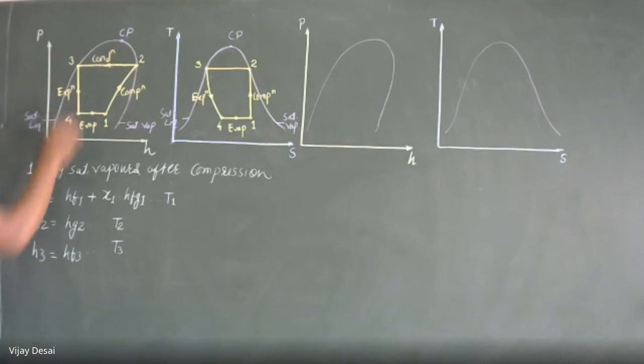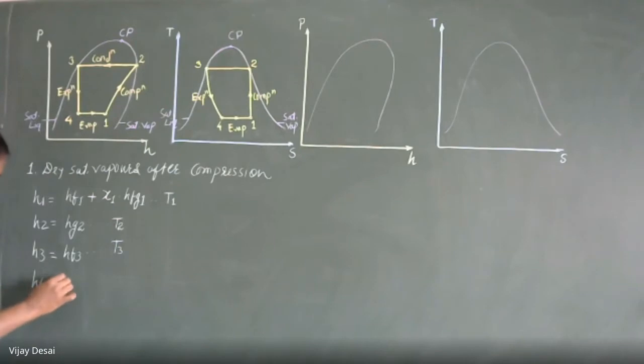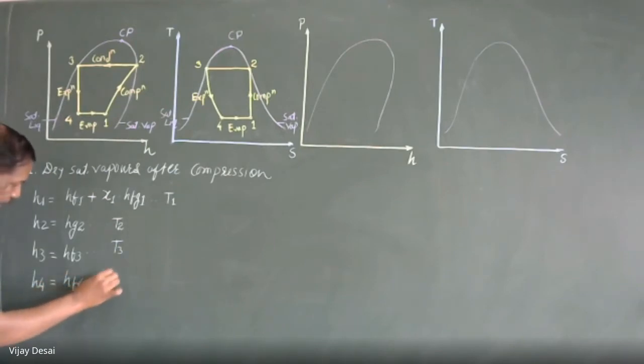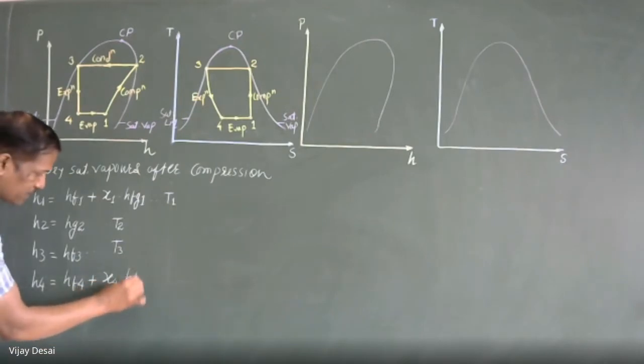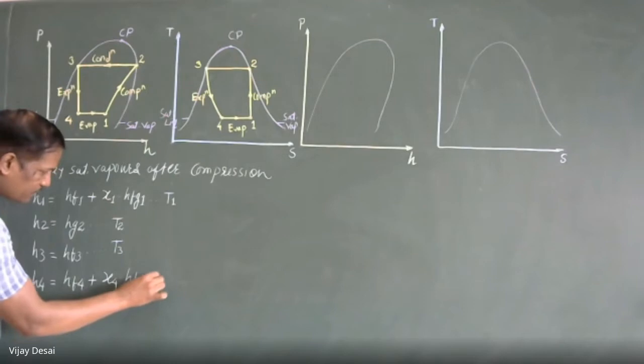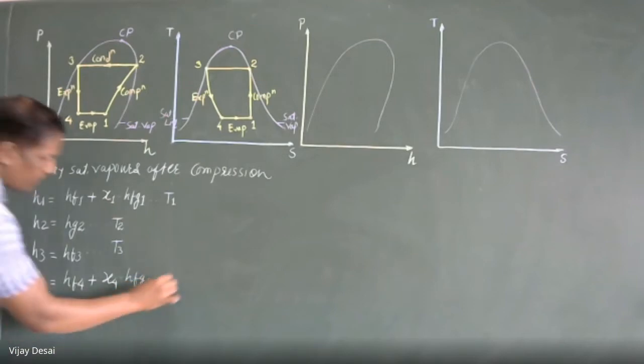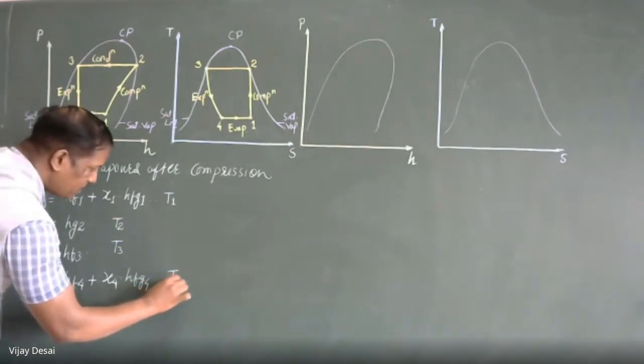And H4, remember H1 and H4 lie in the wet vapor, so H4 will be HF4 plus X4, that is dryness fraction at point 4, into HFG4, and this will be calculated at temperature T4.